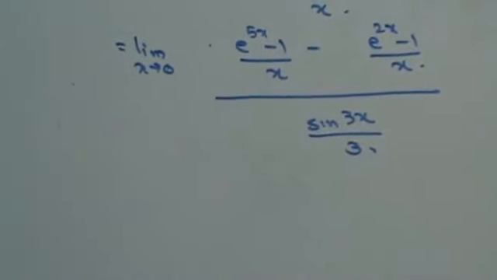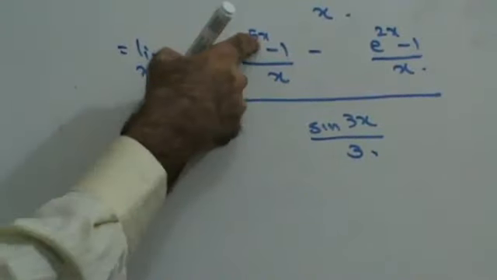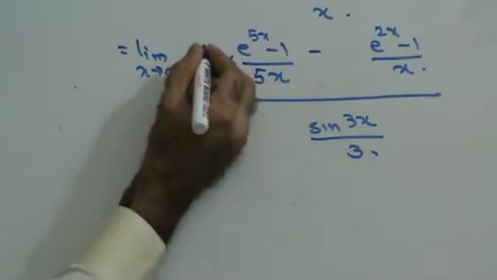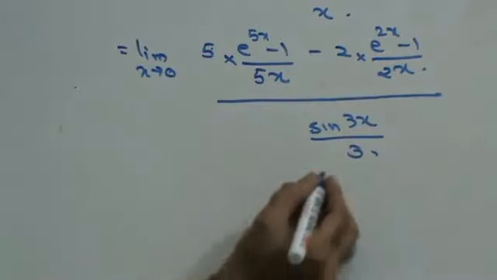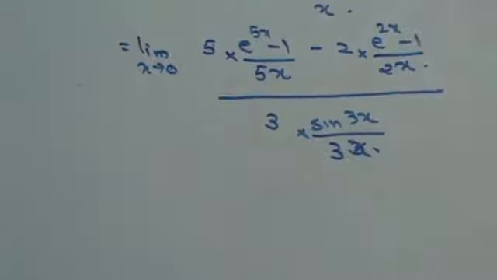Now the formula says that whatever is the number in the index, the same number should be there in the denominator. The number in the index is 5x, so you divide by 5, multiply by 5. Divide by 2, multiply by 2. Divide by 3, multiply by 3.